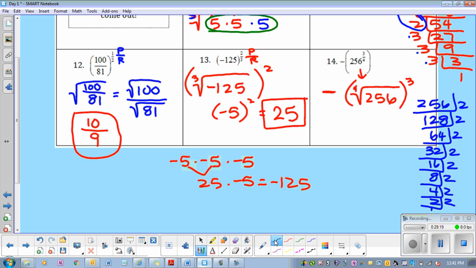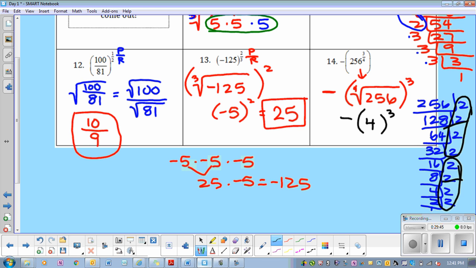How many do I need in a group in order to come out for this one? 4. So let's see. We do have a lot of 2's. So there's a group of 4. And look, there's another group of 4. So what does this mean? The 4th root of 256 is 2 times 2, which is 4. So 4 cubed, and then we still have the negative on the outside.